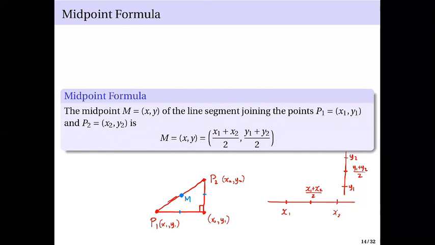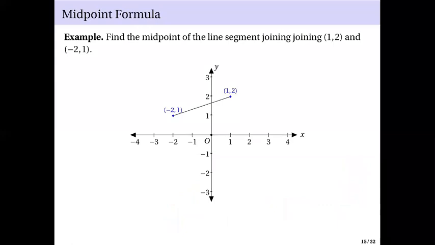So, let us try this example here. Earlier we have calculated the distance between these 2 points. Now we just want the midpoint. So the midpoint is somewhere here. Okay, so we use that formula. For the x, you have 1 plus negative 2, and then you divide it by 2.